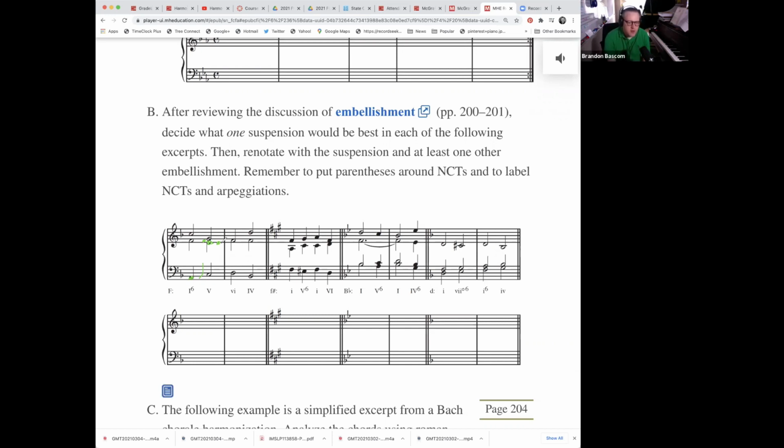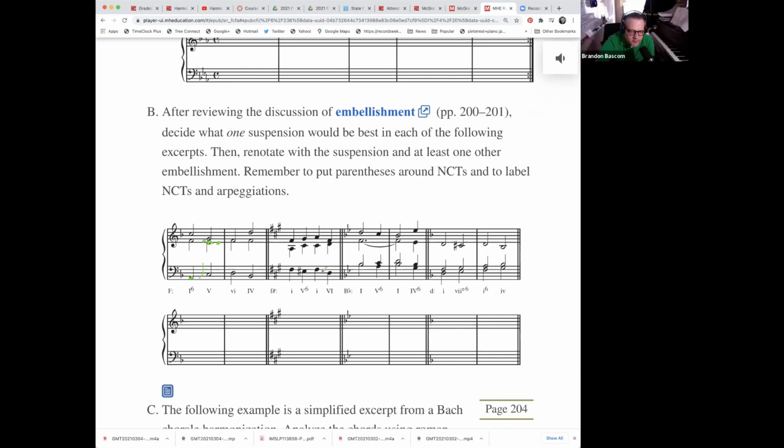All right, let's do another one. We are in F sharp minor. We could put a passing tone between beat 3 and 4 in the bass line.